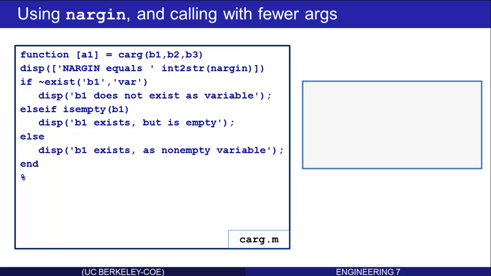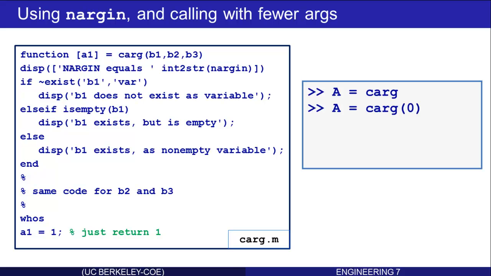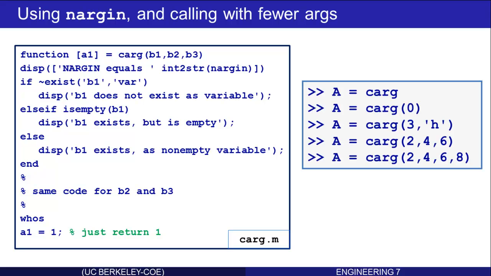Imagine that the code repeats with the same conditionals for b2 and then again an identical set of conditionals for b3. Finally, the code executes a whos to see what's in the function instance workspace, then assigns a simple value to the output argument and returns. Now what we'd like to do is think through what happens in the following different function calls. In the first call, carg is called with 0 input arguments.